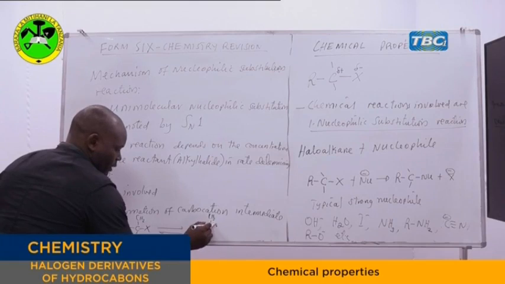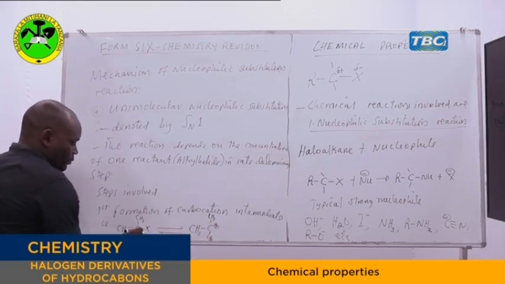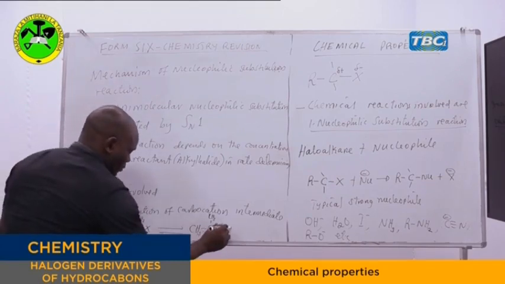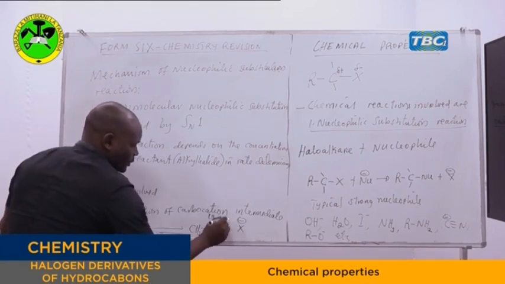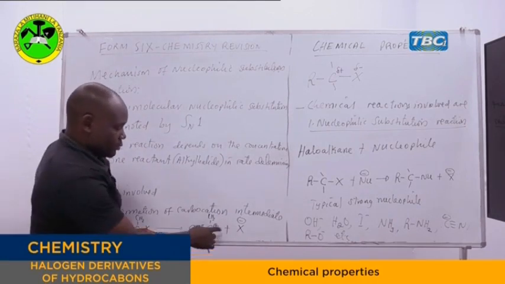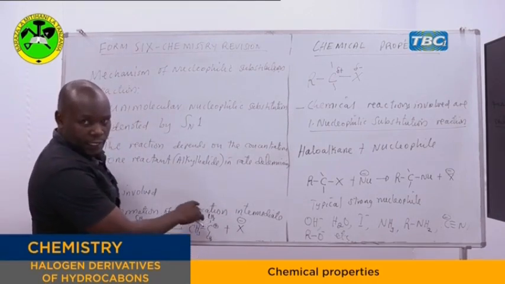This carbon now will become positively charged, since the bond will break that way. Then you will have the halogen that will be negatively charged. Now this is what we call the carbocation intermediate.